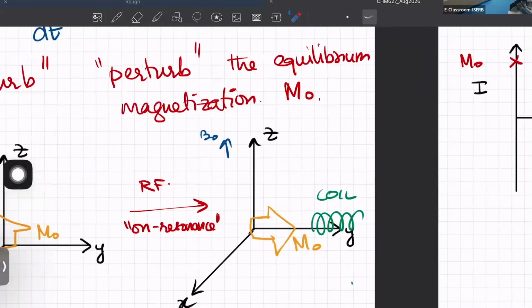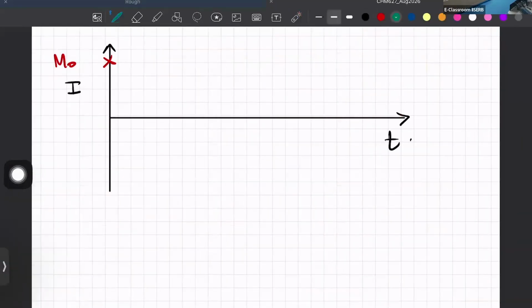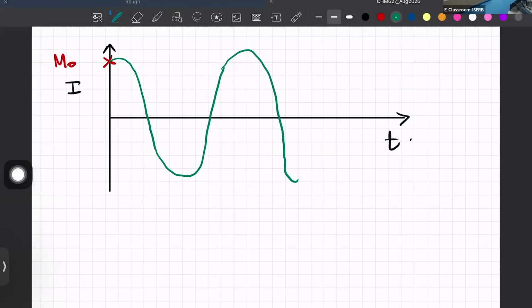So what is going to happen? You're going to end up having a sinusoidal distribution, where this is one period, one full cycle, and it keeps on going.